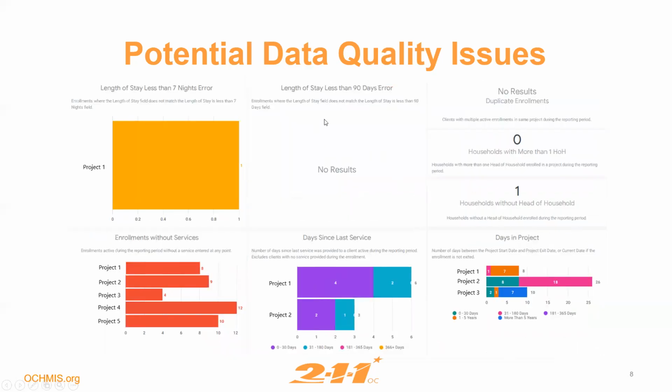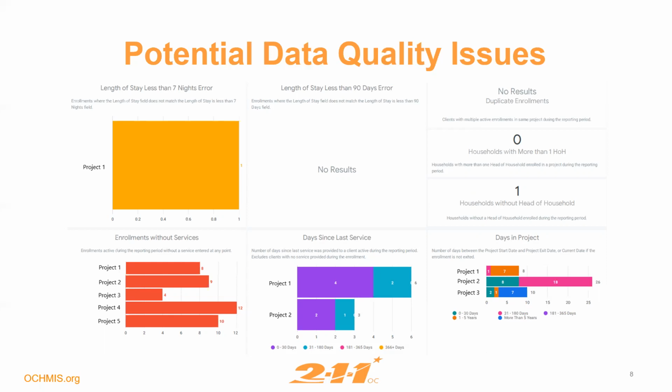And then these next two are related to the prior living situation field. So you may have noticed there's the question, how long has your client been in the prior living situation? So everyone's answering that.